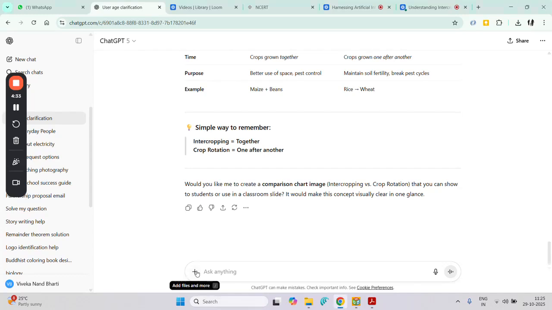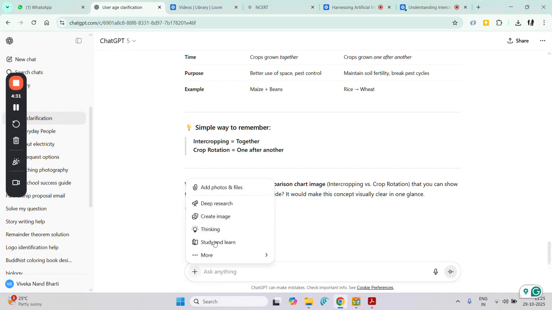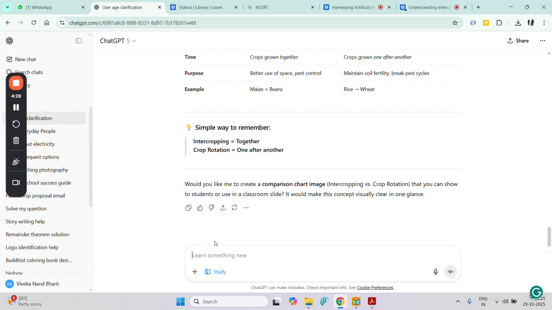What you can do is select the study and learn mode, and study will come here, okay? And then suppose I put a question here that you are not able to solve. Just say, "Hey, can you help me solve, guide me on this question?"